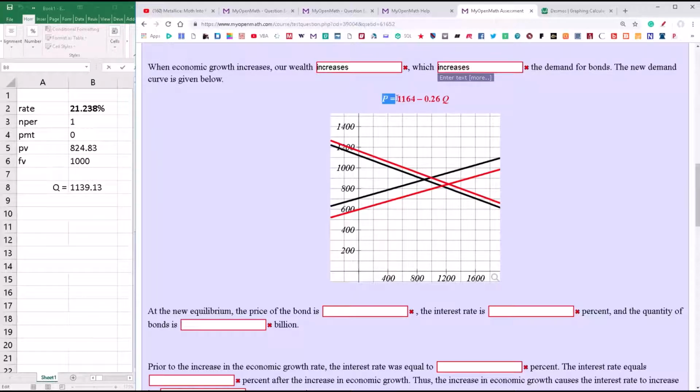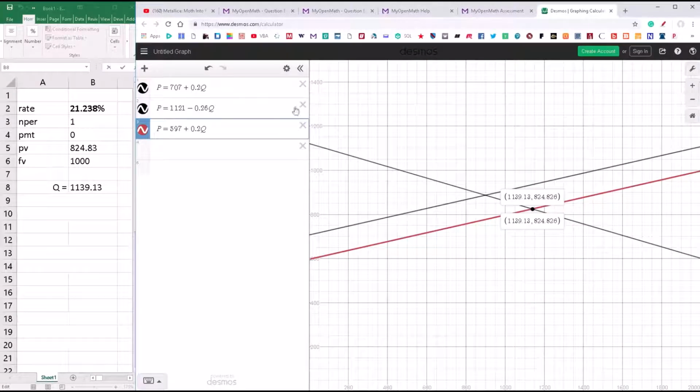And this is the new demand for bond equation, represented by a downward sloping red line. And our equilibrium ends up out here. Let's go ahead and copy this into Desmos. And I've set up Desmos to give me a new demand curve in red.